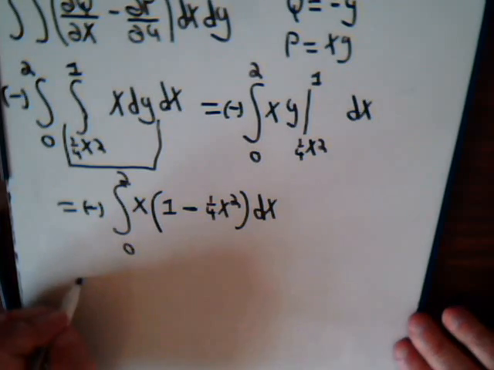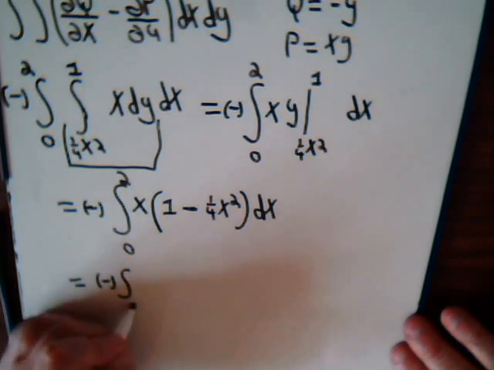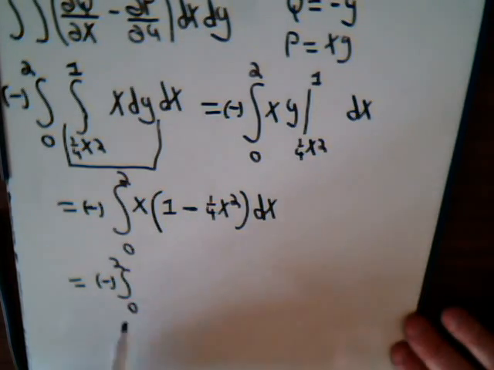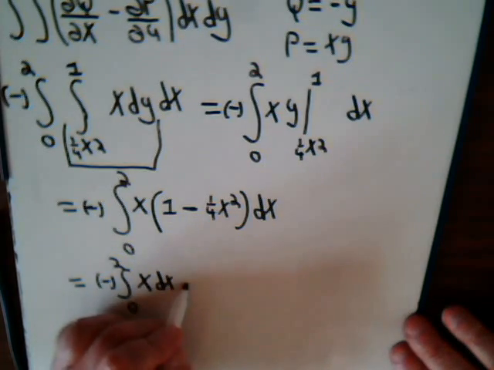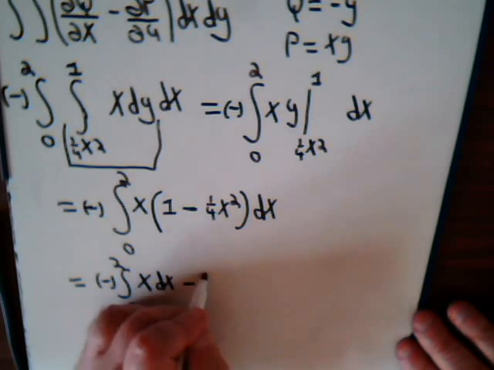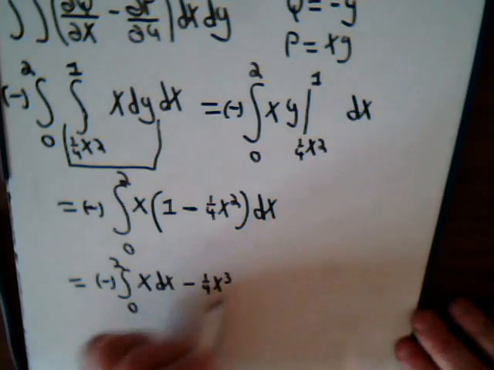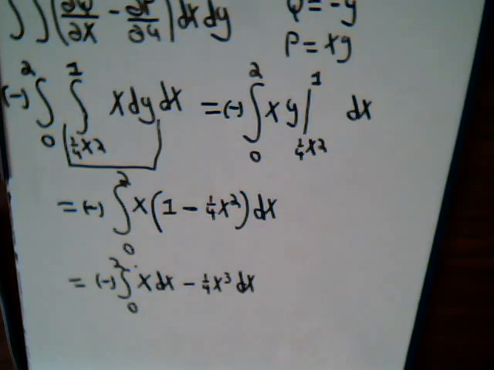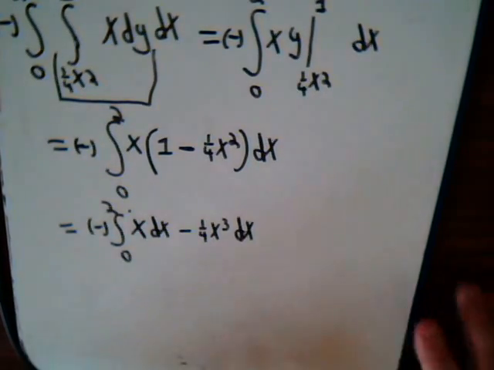Okay, so this will equal minus the integral from 0 to 2 of x dx minus 1/4 x cubed dx. So you have 2 integrals really, but they're pretty simple, so let's just keep it like this.